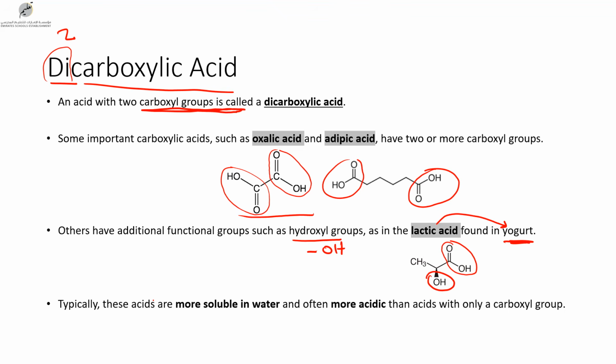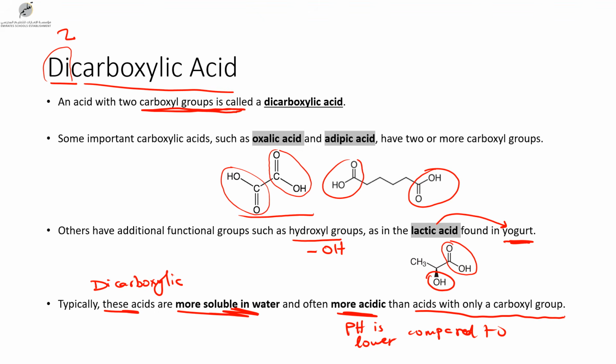Okay? Now these dicarboxylic acids are more soluble in water than many other acids, okay? And they are more acidic, meaning their pH is lower compared to acids with only one carboxyl group.